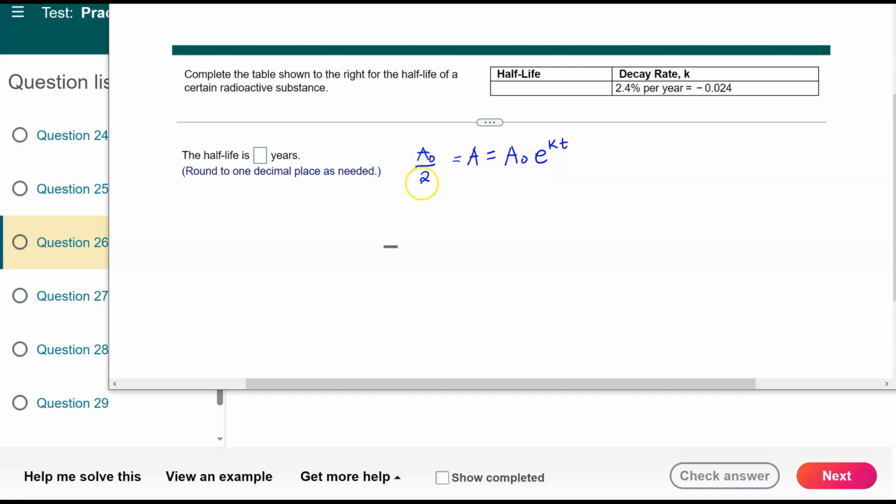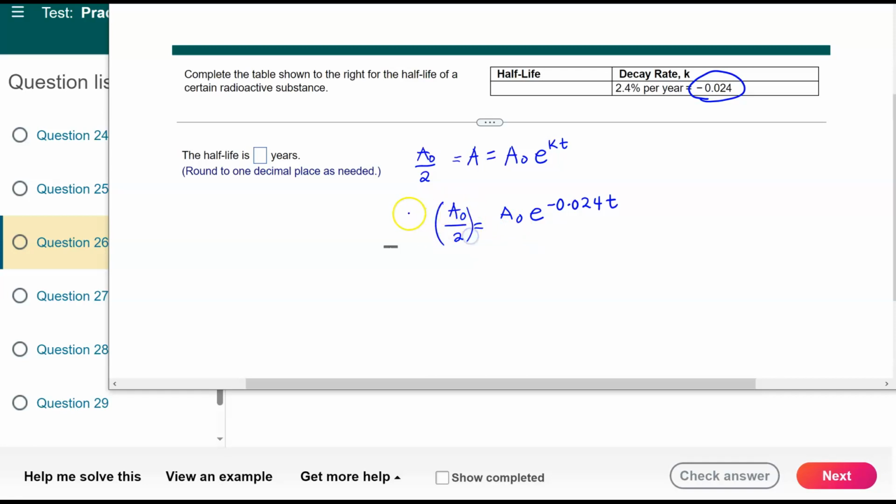So you're going to solve for this equation now. You have A sub 0 over 2 is equal to A sub 0 e to the kt. Our K is the decay rate, and that is given to be negative 0.024. Now, both sides of the equation have A sub 0.